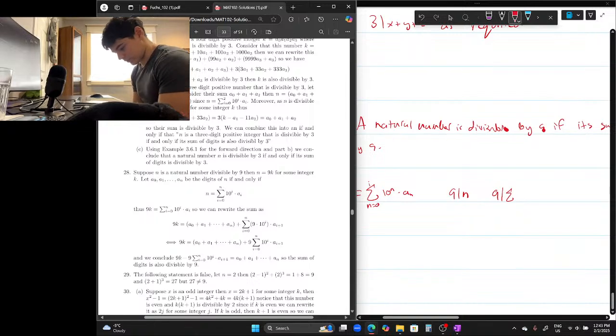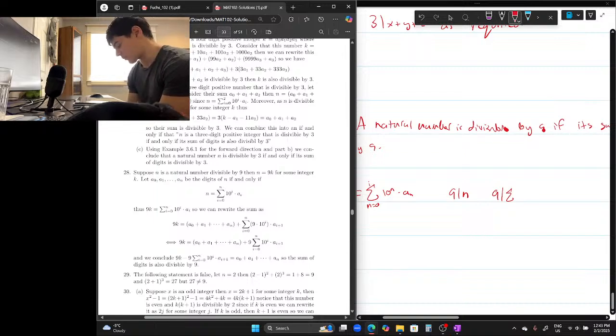Back to understand this proof. I understand what they did. So similar to what we did above, they had the sum of the digits plus the sum of the rest of the number, which they factored out.